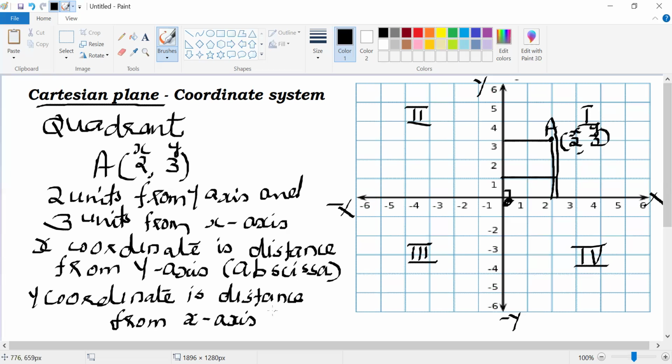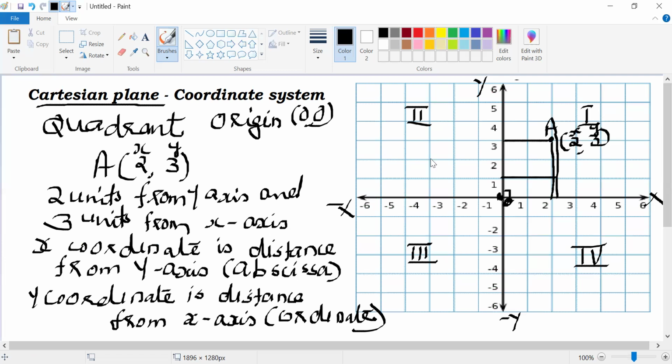Another name for y coordinate is ordinate. The point where the x and y axes meet is called the origin, and the coordinates of the origin are 0, 0.